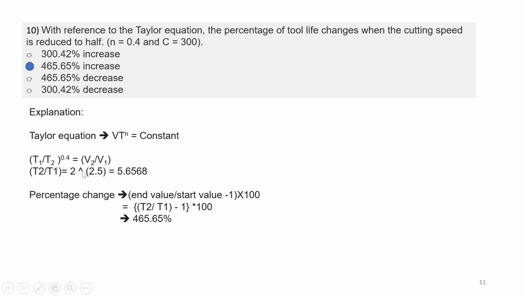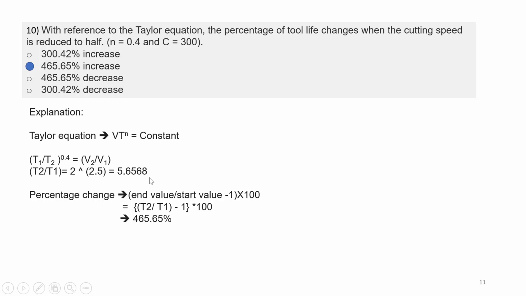So 2 to the power 2.5 is 5.65. When finding the percentage change, the formula used is final value minus initial value divided by initial value.